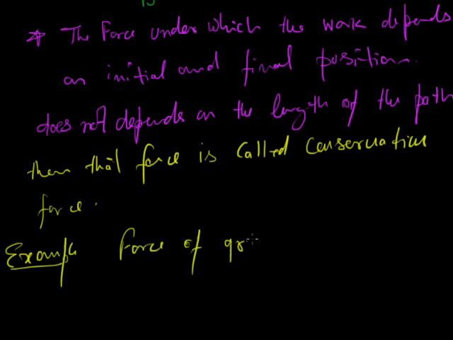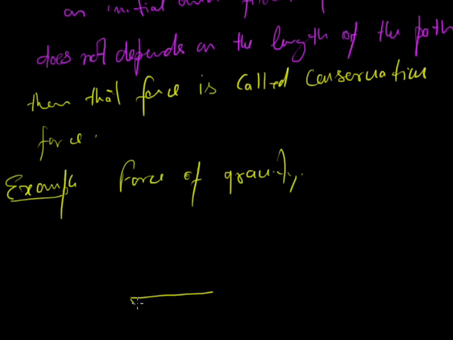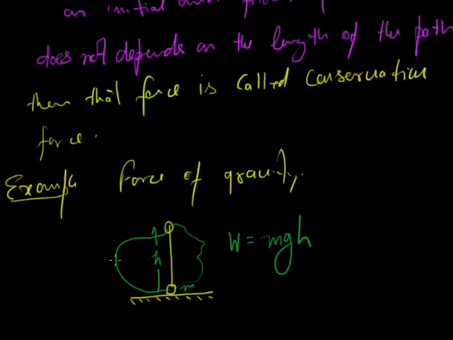For example, force of gravity. This is the earth. If a body is displaced from this point to height h and the mass of the body is m, the work done is force into displacement, that is equal to mgh. Either the body is displaced vertically or through any other path like this or like this, the work done will be mgh only.